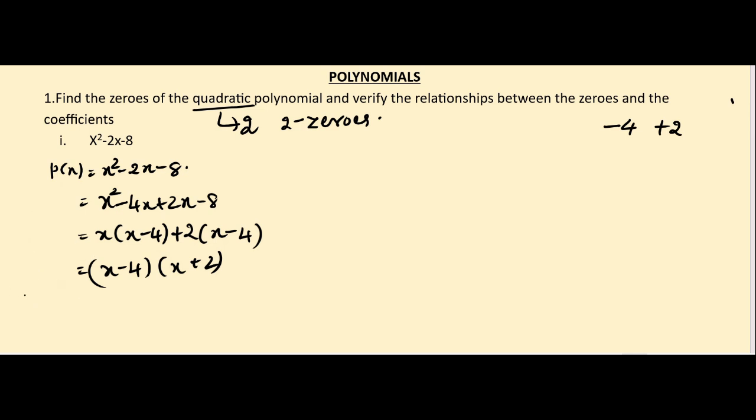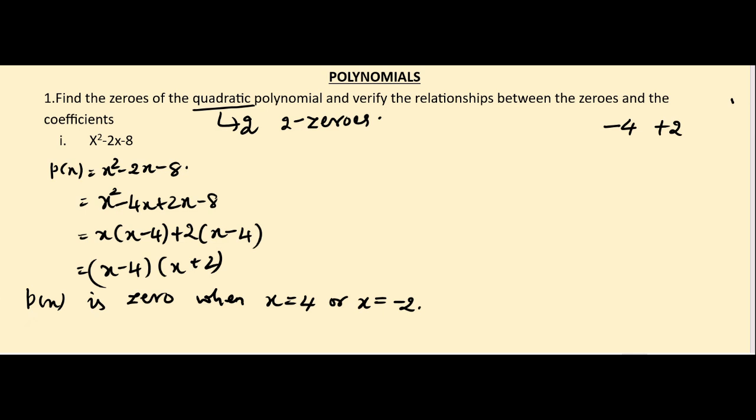That's why the given polynomial p of x, x square minus 2x minus 8, is 0 when x becomes 4 or x becomes minus 2.